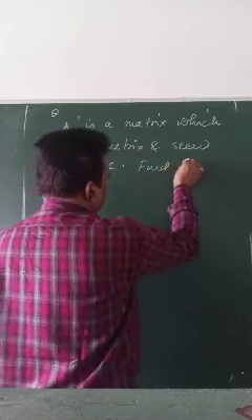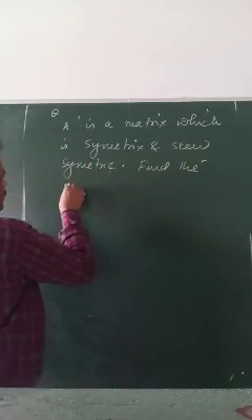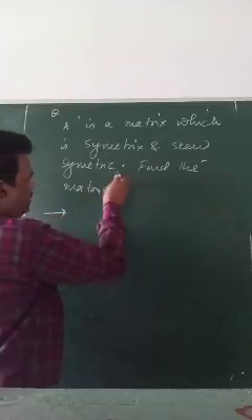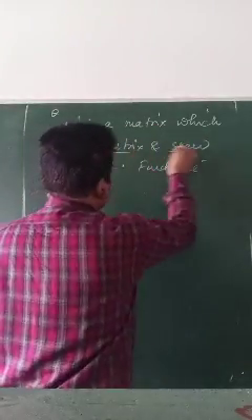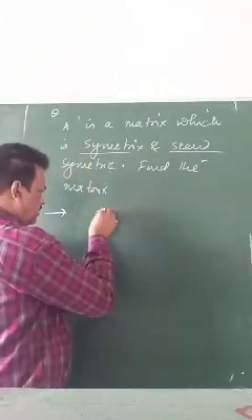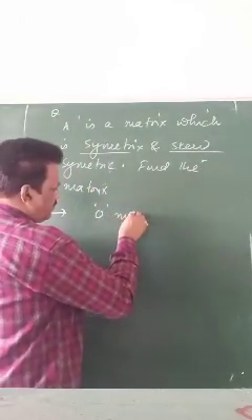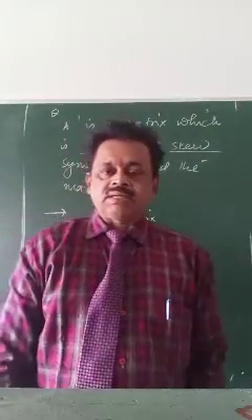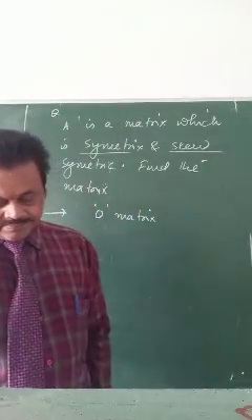Find the matrix A. Which matrix is symmetric and skew symmetric? There is only one matrix, that is the 0 matrix. The 0 matrix is both symmetric and skew symmetric.